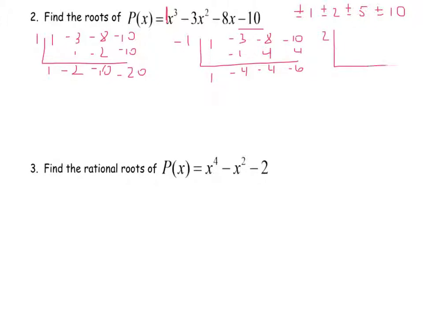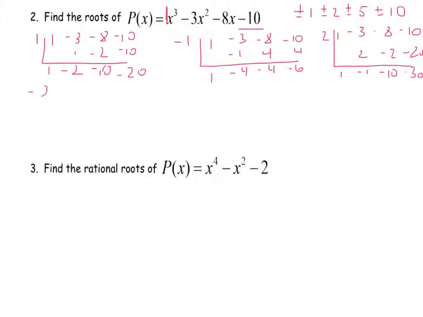And I do 2: 1, negative 3, negative 8, negative 10, 1, 2, negative 1, negative 2, negative 10, negative 20, so this would give me negative 30.